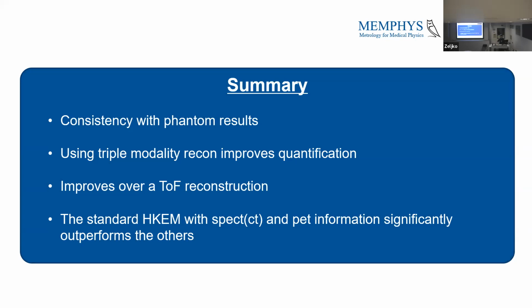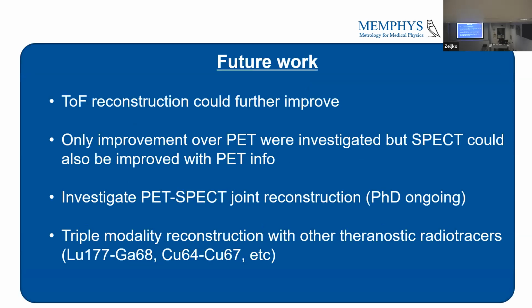Another interesting point, which I forgot to mention, is that the Q-clear reconstruction was performed using time of flight, and all the other reconstructions were not. So we still improve. And so when we can use time of flight in the others, I expect this will further improve our results.